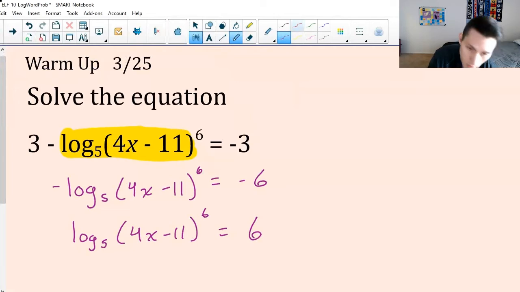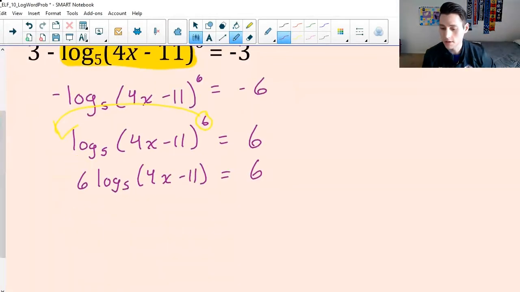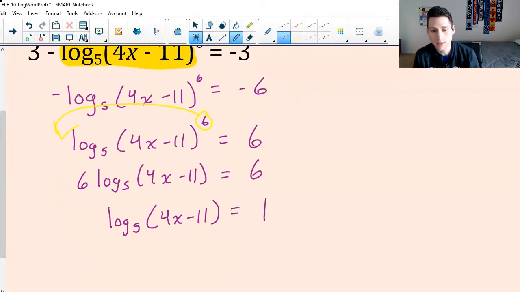Remember that one of our properties is that we can take an exponent and bring it down as a coefficient. All right, so that'll make my life a lot easier in that I can now just divide both sides by 6. So I have log base 5 of 4x minus 11 equals 1.